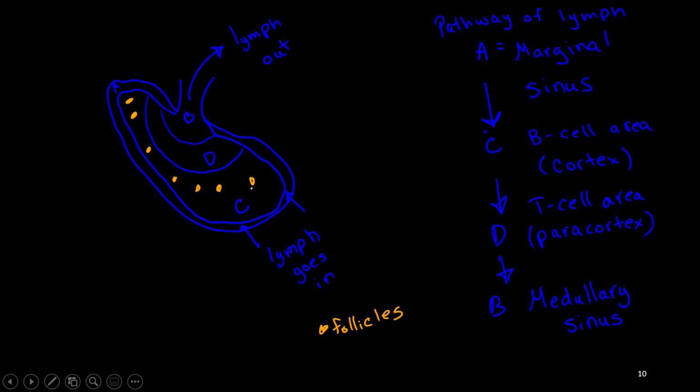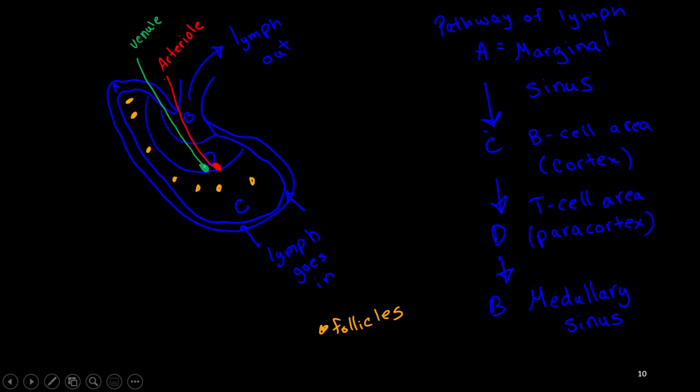In addition to this, we are going to have blood vessels that are present as well. So the blood vessels are going to come in. Oh, I shouldn't have done that. So this, let's say, is the arteriole. Arteries do what? Okay. And this is the venule. Veins do what? Okay.